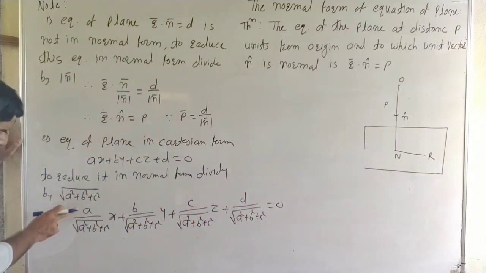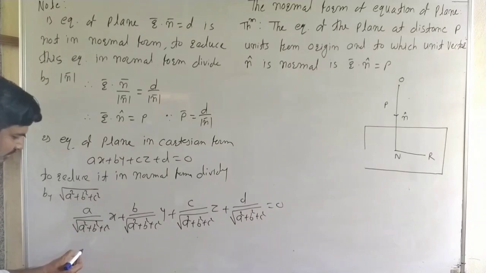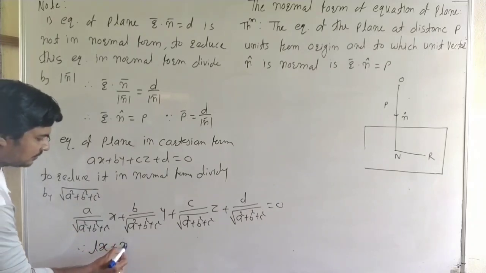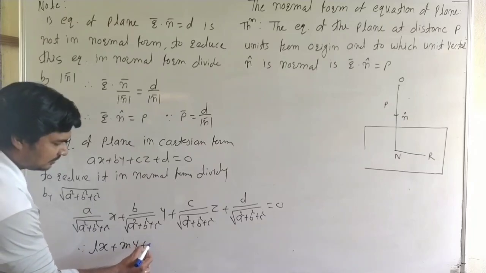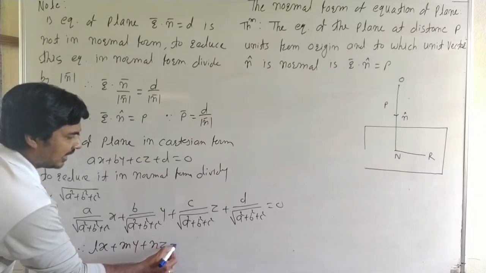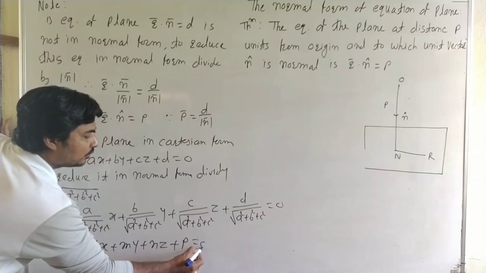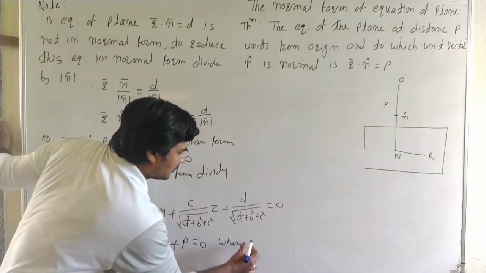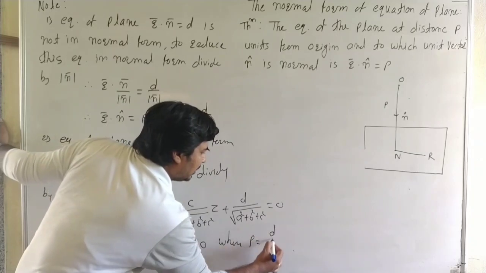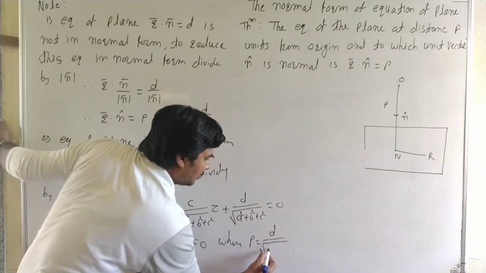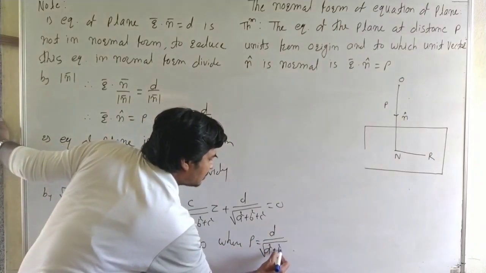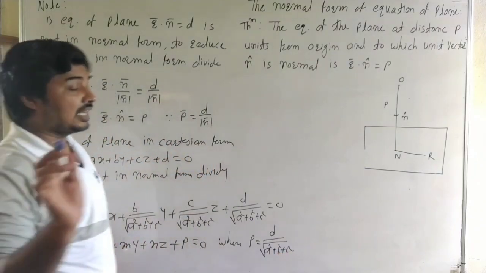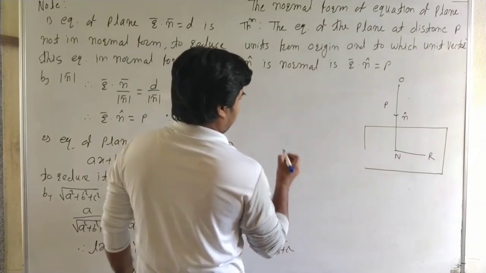And we know that a upon the square root of a square plus b square plus c square is l, so this is lx plus my plus nz plus p is equal to 0, where p is equal to d upon the square root of a square plus b square plus c square, and l, m and n are the direction cosines.